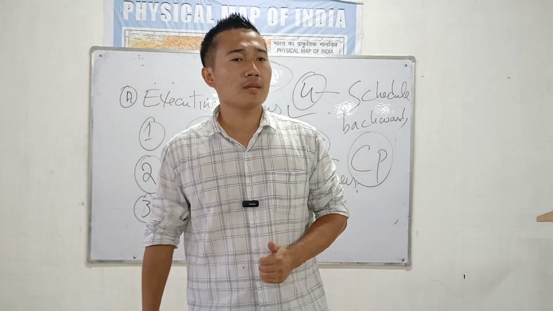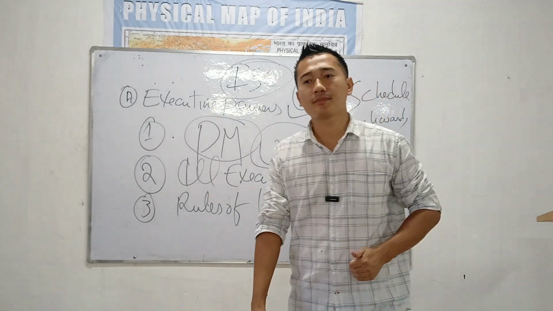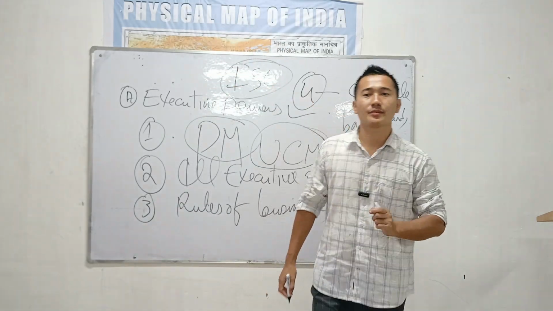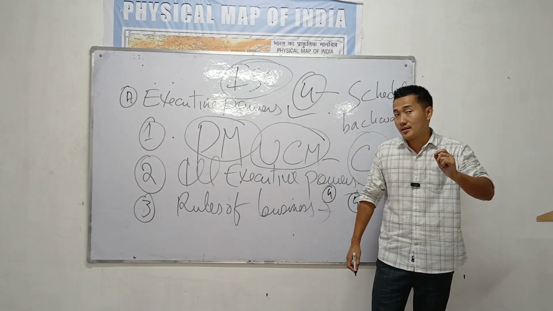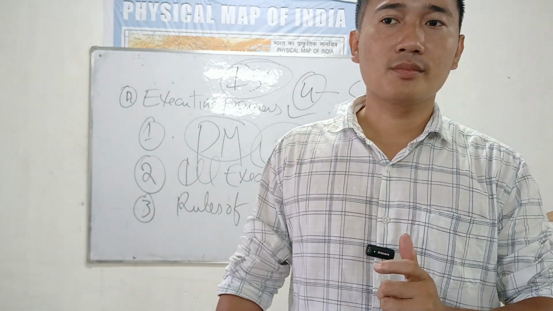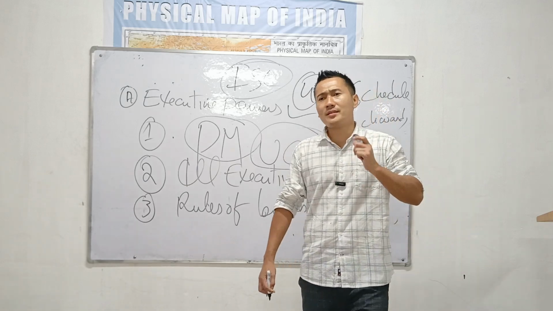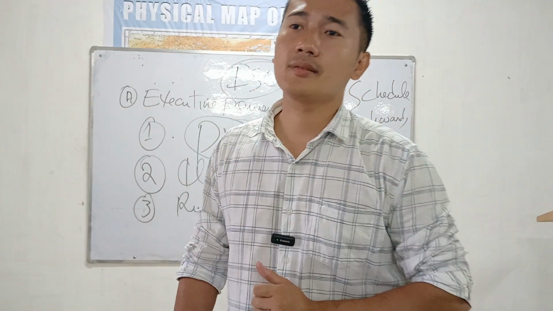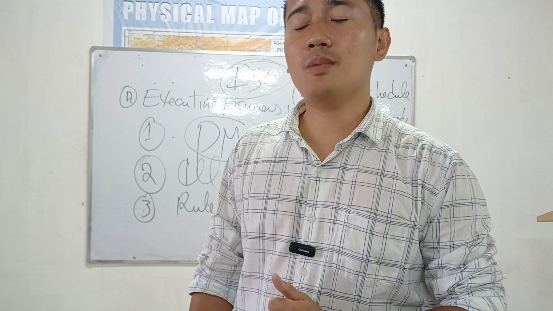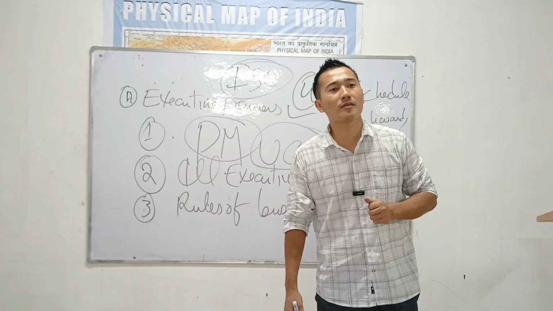Last point. The President can ask a minister to reconsider a decision which has been taken in his individual capacity, but which has not been taken by the entire Council of Ministers.